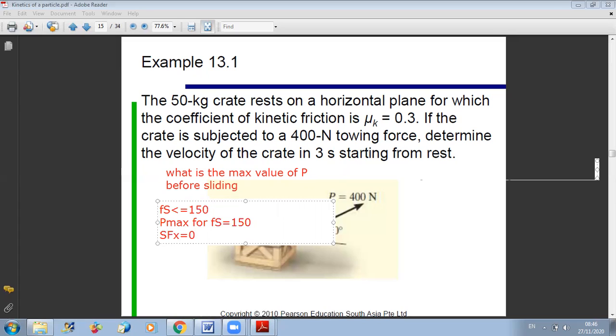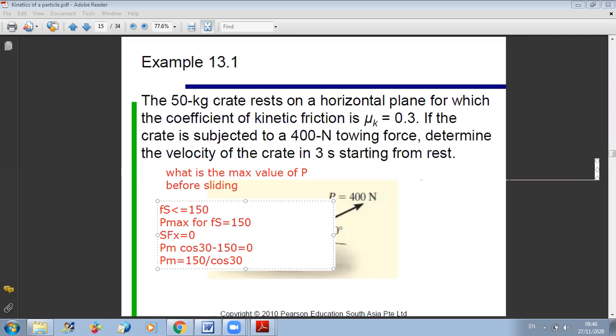So I get P maximum, I will call it Pm, times cosine 30 minus 150 equals 0. So I can get the value of the maximum P that will prevent motion. If I exceed this P, then my box will slide. So it's equal to 150 over cosine of 30.